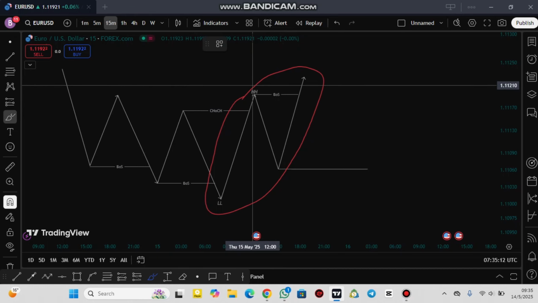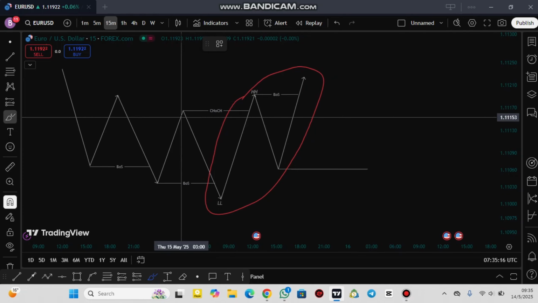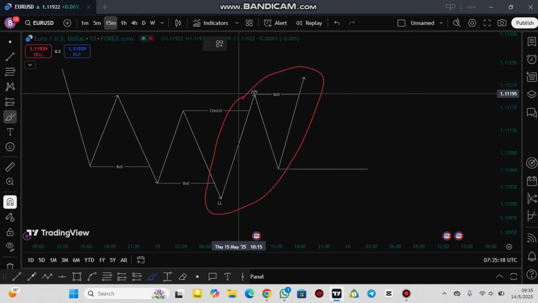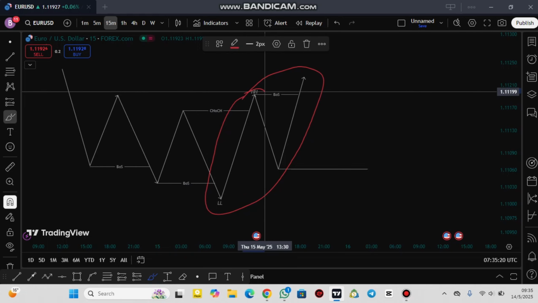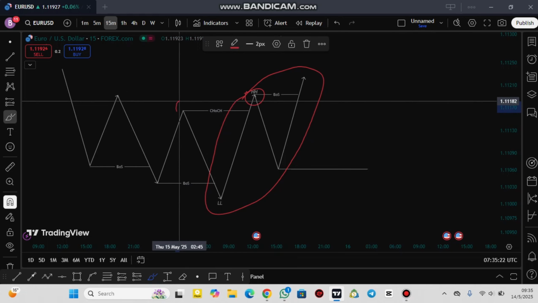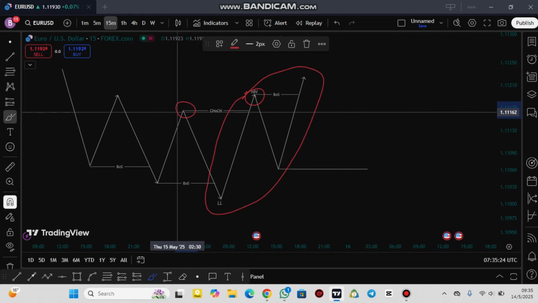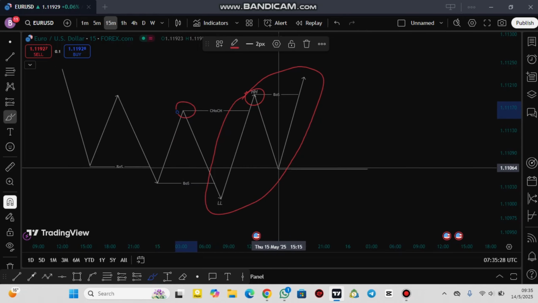This is our new higher high. This is no longer a lower high because this high just surpassed this high. So this becomes the higher high because it surpassed this lower high, right? It's no longer lower lows. It's now higher highs and higher lows.